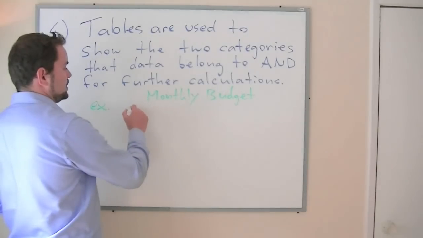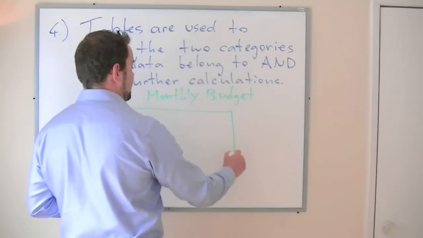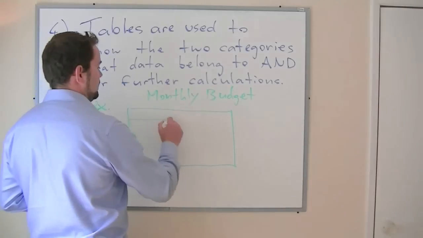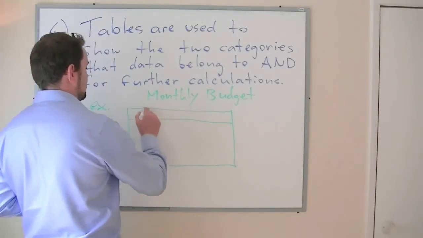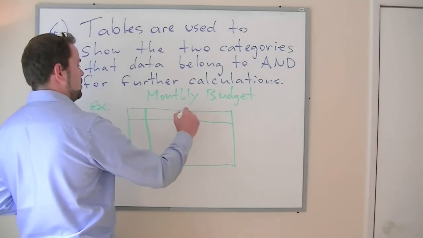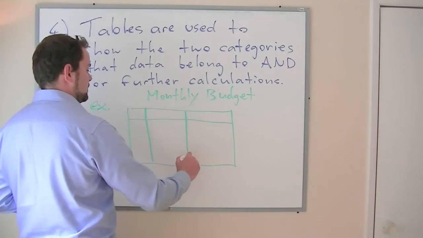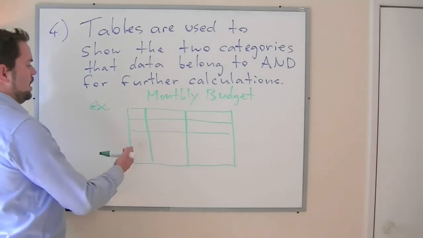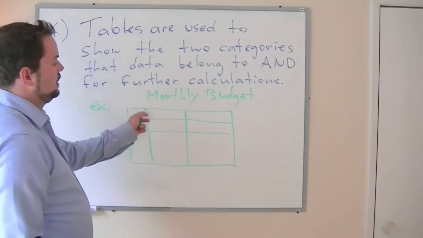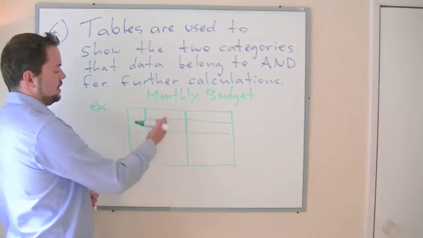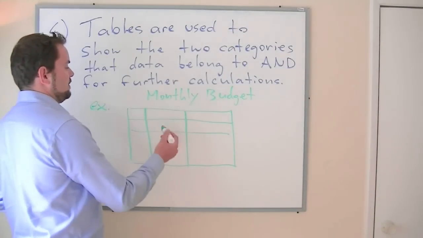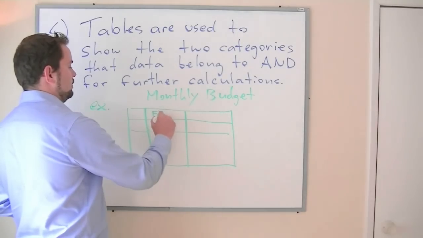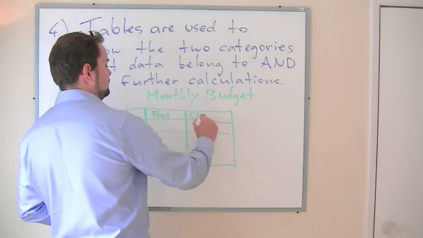And this table will have just a very, very simple 3 columns and 3 rows. In the top row, we have the title of the data. Let's say, for example, food and clothing.